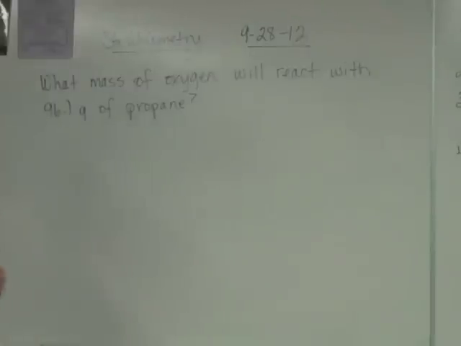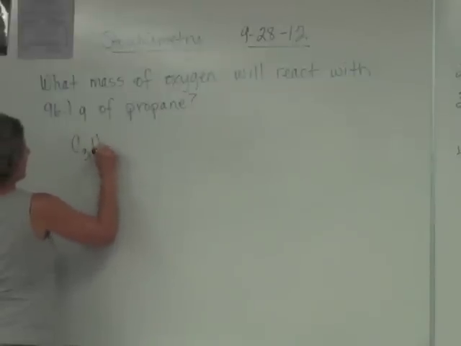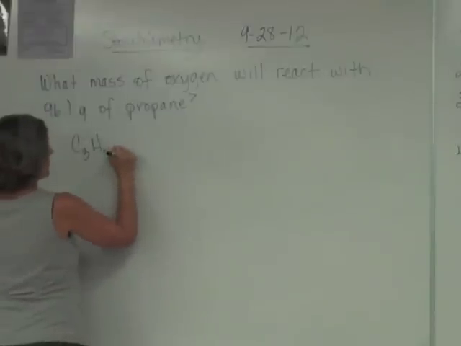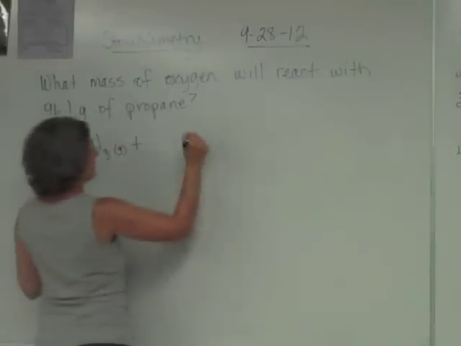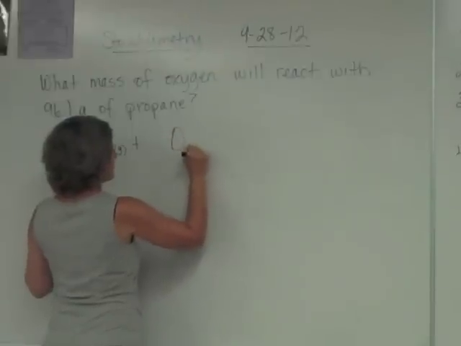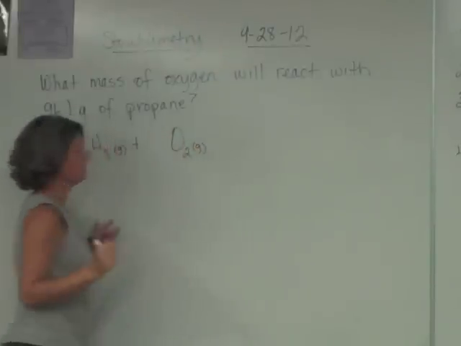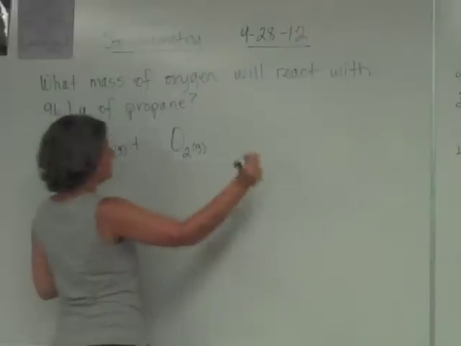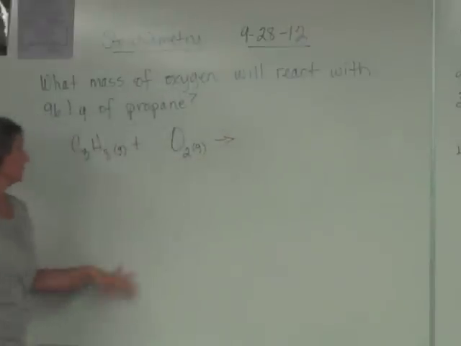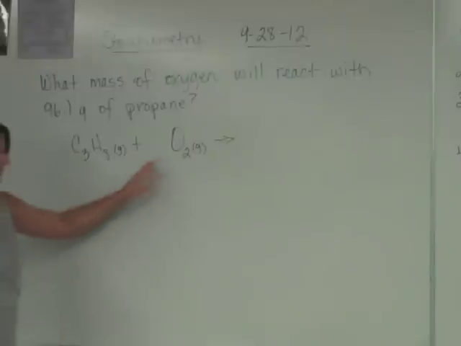So our equation is going to be C3H8, that's the propane, and it's a gas, and it's going to react with oxygen. It's also a gas. This is a hydrocarbon, combining with oxygen.